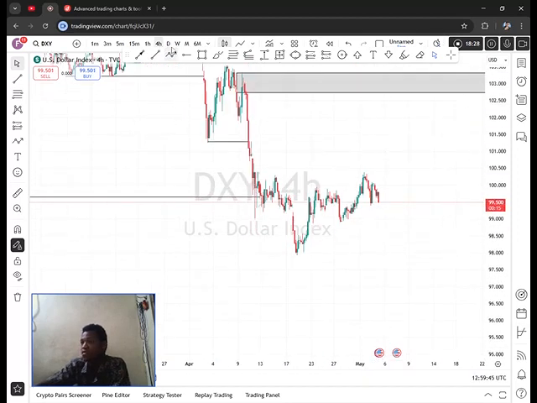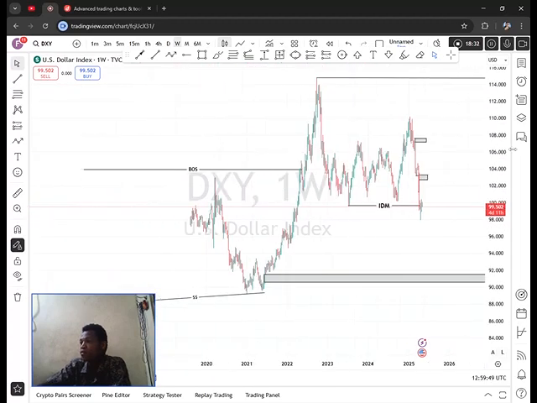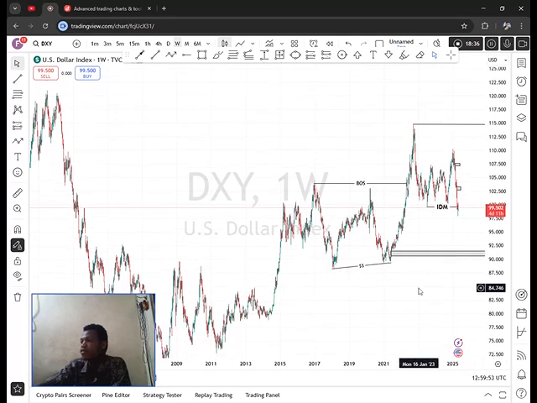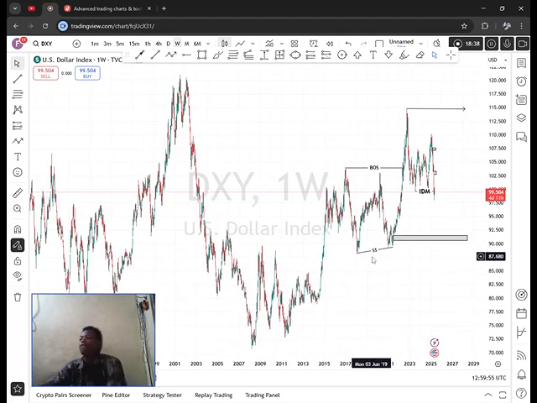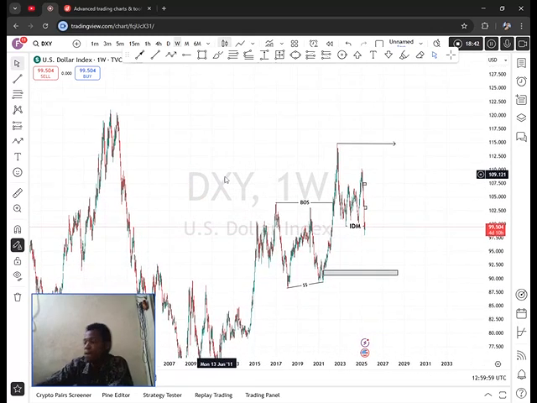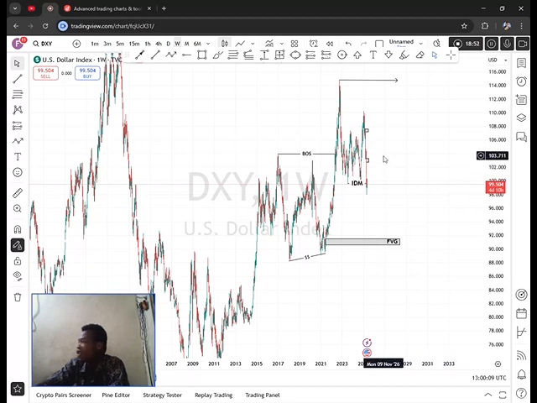On the weekly time frame, we know what we're looking for. The weekly time frame is bullish. The market has shifted from bearish to bullish. This is our recent higher low, higher high. And over here, we have our fair value gap, which is our POI, our point of interest.